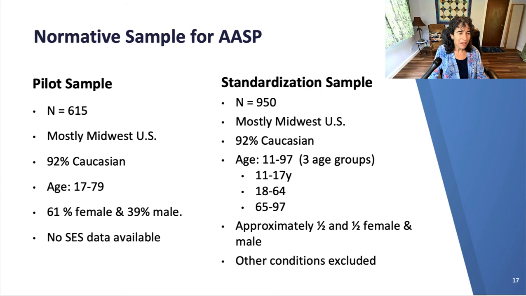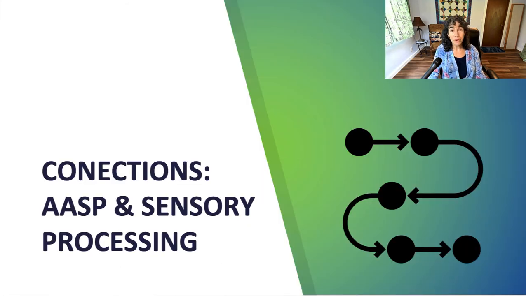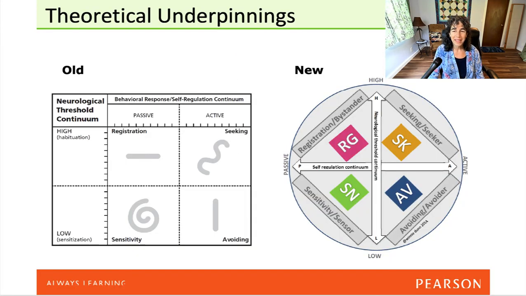And moving right along. Okay, so you made it through the psychometric and general information. Yay. Now, we're going to connect up the AASP with sensory processing. So now we're into the theory. This is from the website at Pearson Clinical, and it is contrasting the old and the new visual about sensory processing.